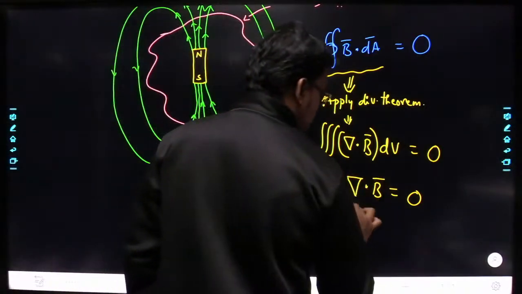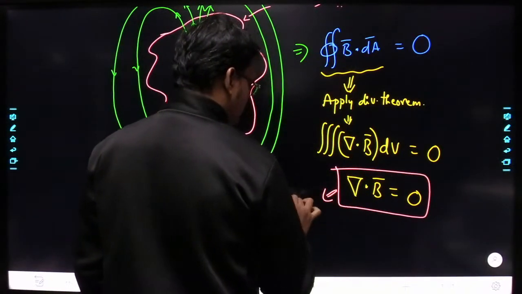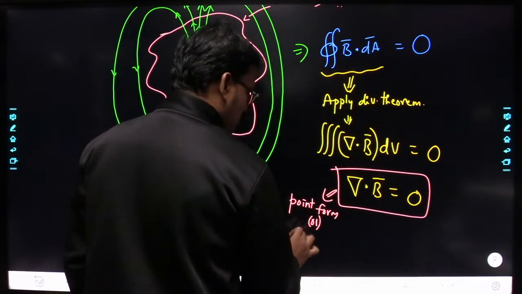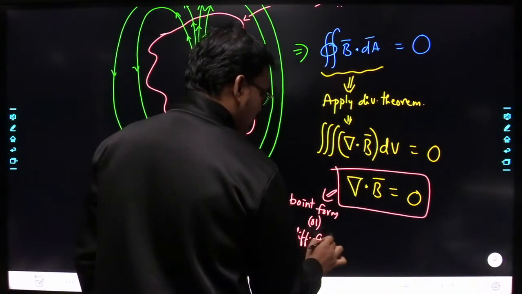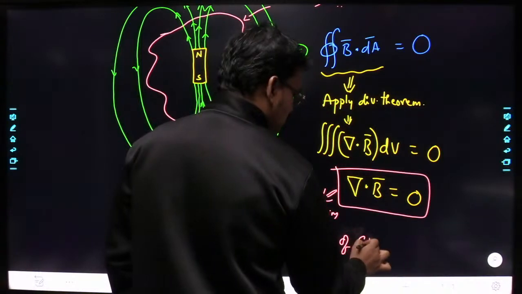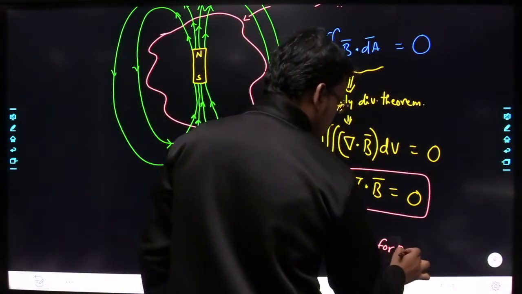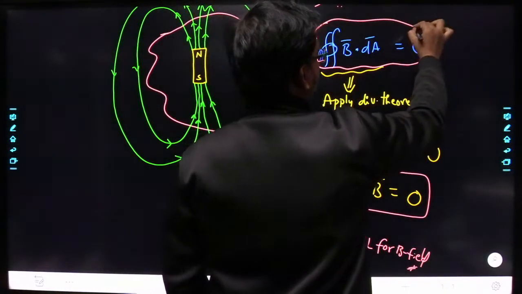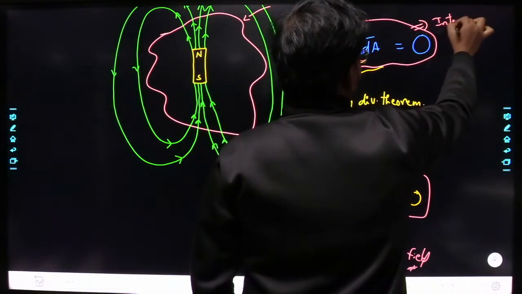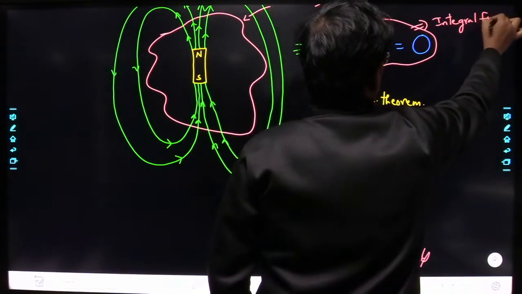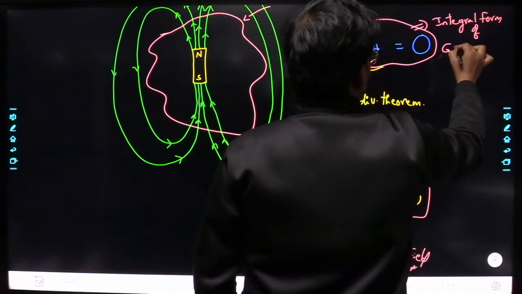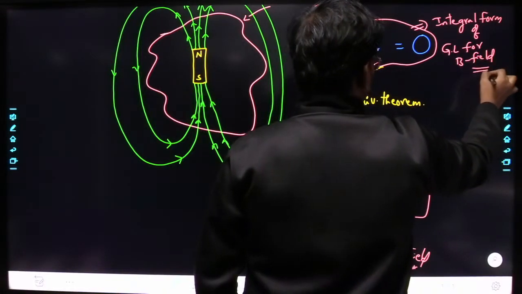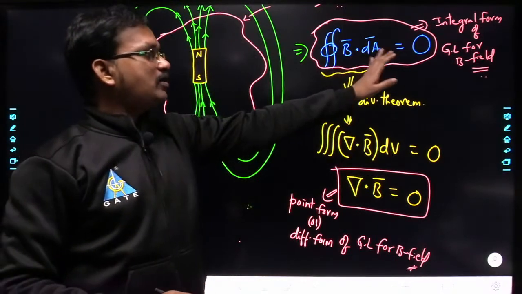Understood? Okay, so this is called the point form or differential form of Gauss law for B field, and this expression is called the integral form of Gauss law for B field.